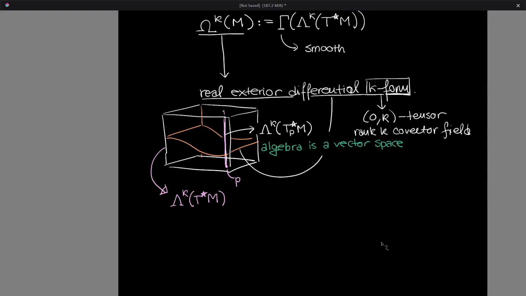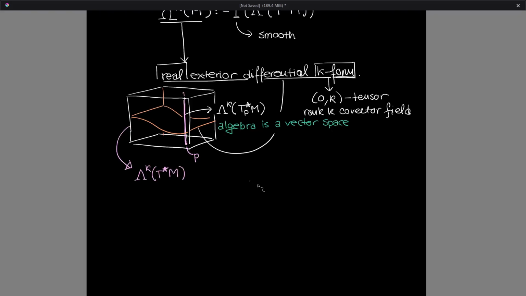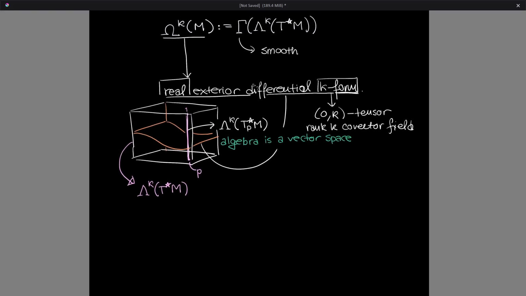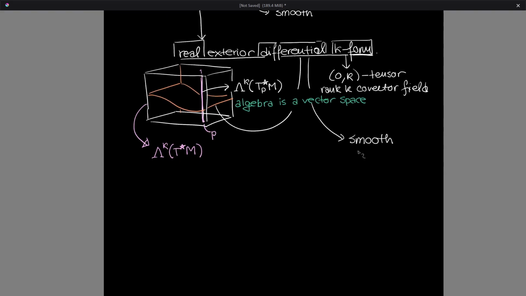Okay, so now that we have real exterior differential forms, differential being the operative word there, we have a smooth section. So that allows us to define some sort of derivative on that object. So we very aptly call this an exterior derivative.